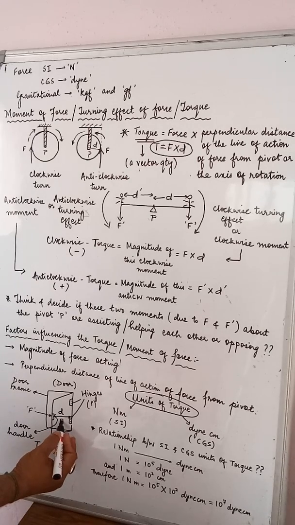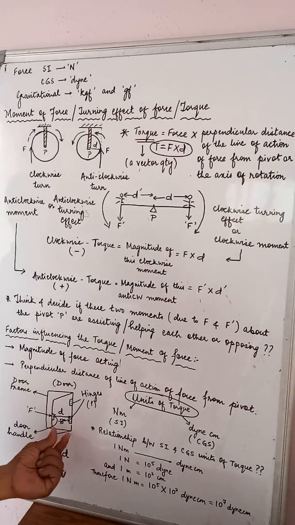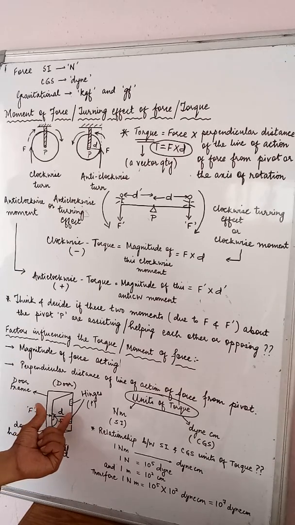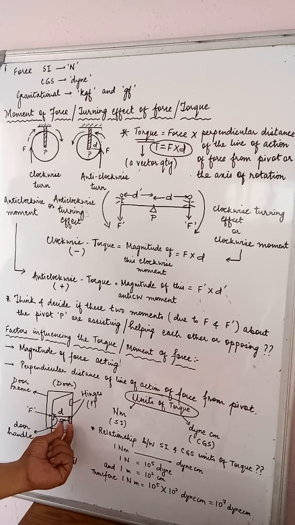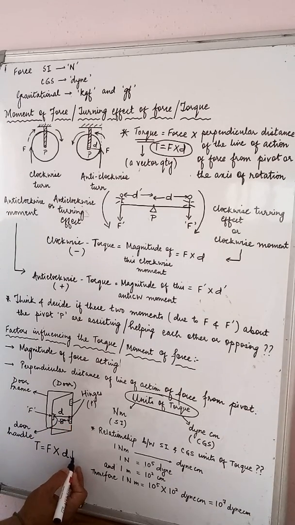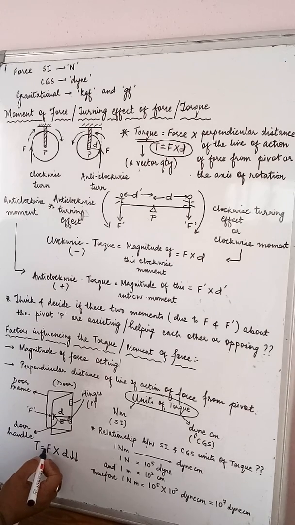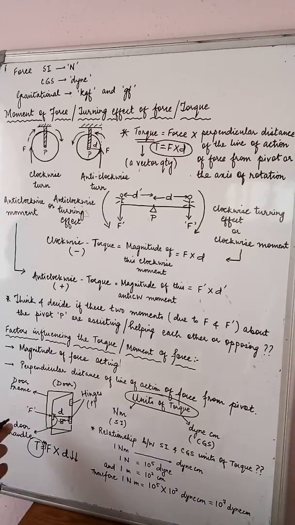Because if you apply the force over here, the perpendicular distance from the pivot has been reduced to this much. Earlier that perpendicular distance was more, so the torque was more. But in this particular case the perpendicular distance has reduced drastically, so this distance has dropped. Therefore, you will have to increase the force at the door handle to maintain the torque required to open the door.